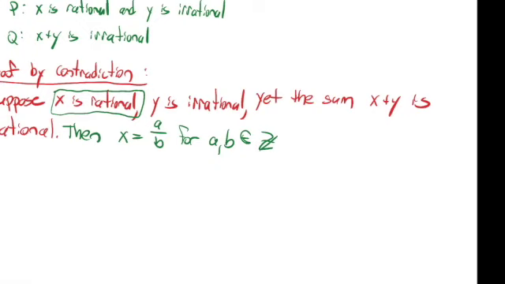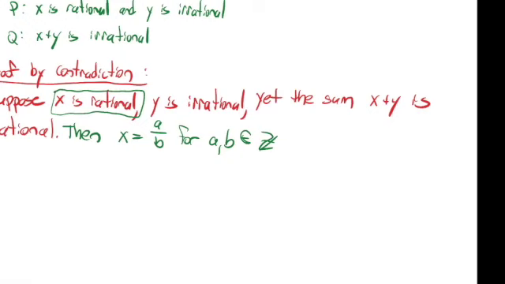Okay, and we need to stipulate one additional thing here, right? What should be true about b? b doesn't equal 0. Yes, thank you. That's right, or else this wouldn't be defined.